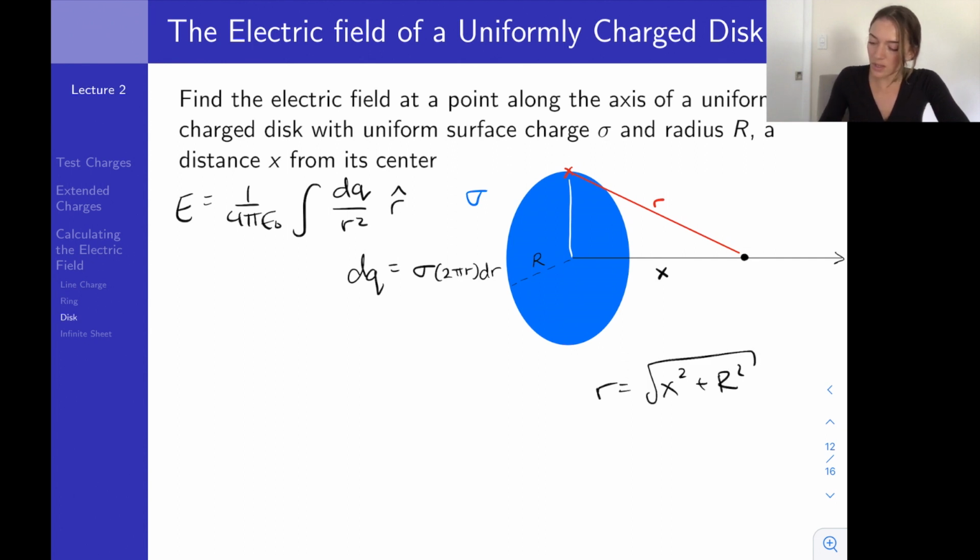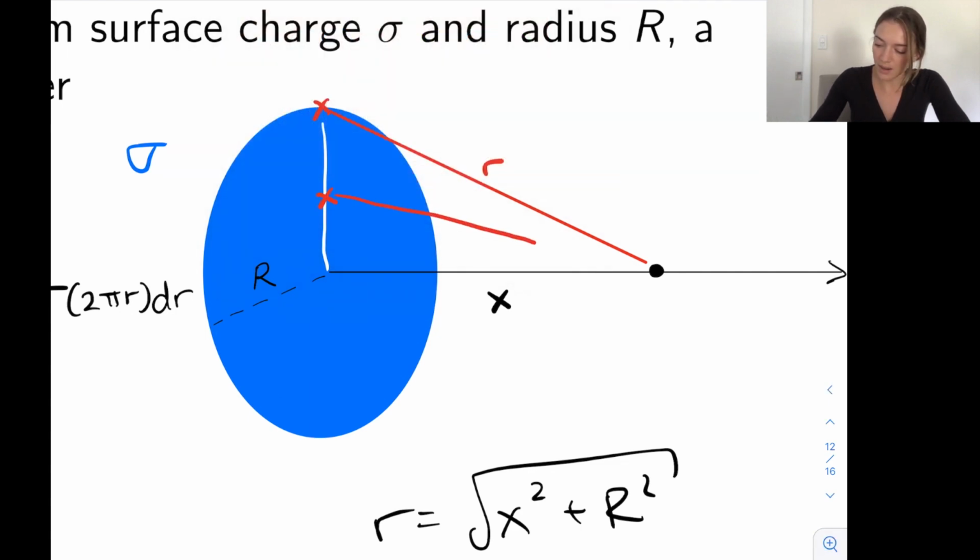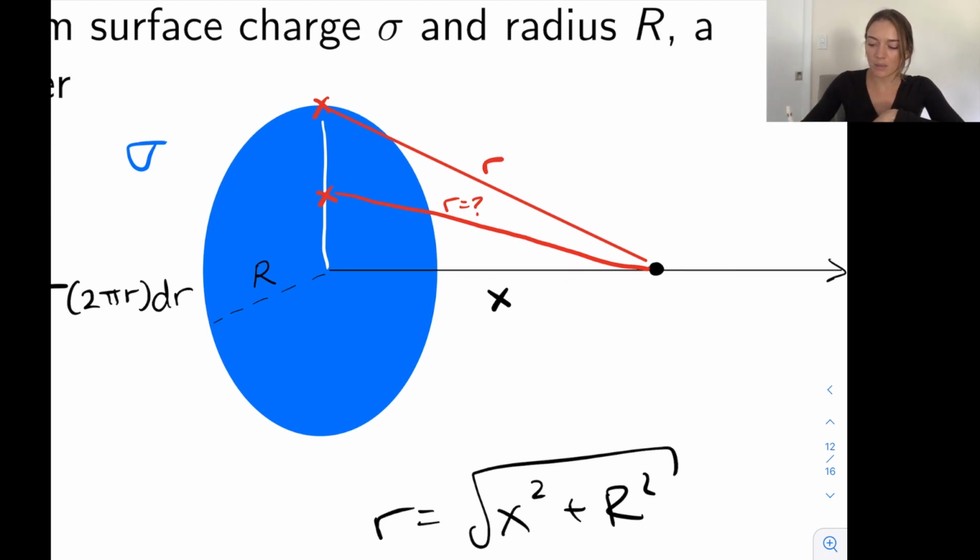But this is only for the top point here. When I'm at the maximum radius, capital R, I'm going to plug in capital R here. But what if I'm at some point over here? What is r then? Well, this side stays the same, x stays the same. But now I'm going to have a different length here.